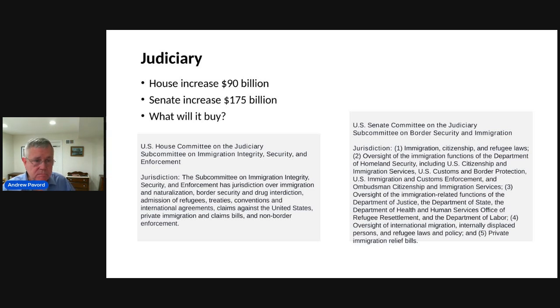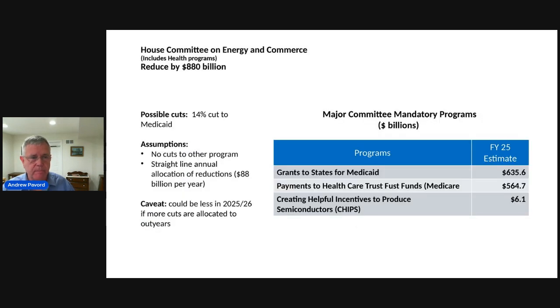So that's $9 or $10 billion a year up if you're in the House, up to $175 billion in the Senate. And again, it'll be important to watch how they allocate it over the 10 years. Will they spend a lot more up front, which would have a bigger impact on the deficit in the beginning of the 10-year period, or will they spread it out more evenly?